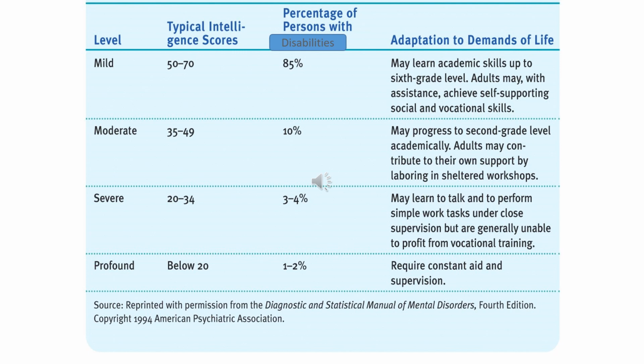Severe category, an intelligence quotient of 20 to 34, 3 to 4% fall in this range. Here, individuals in this category usually get to a toddler level of mentality. So they may learn to talk. Think about a 2 year old. They can talk, say basic things.